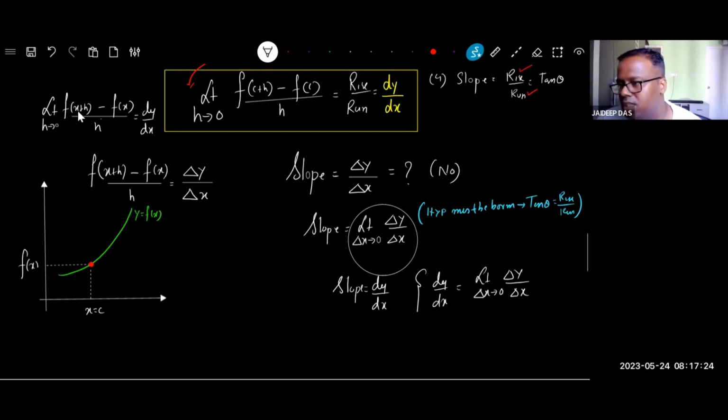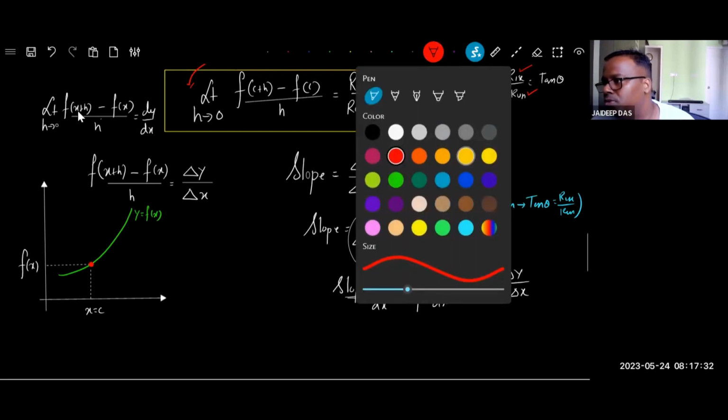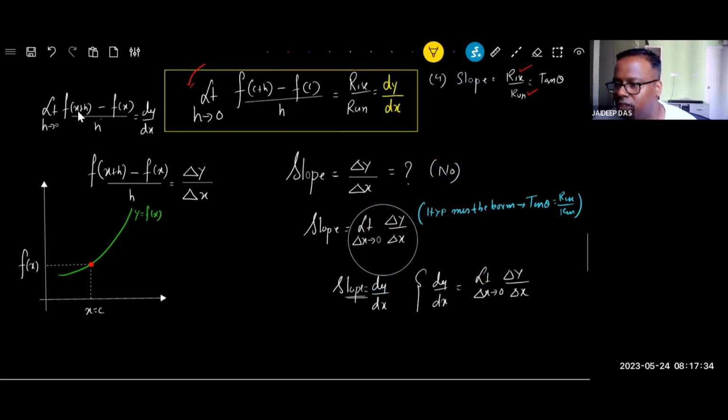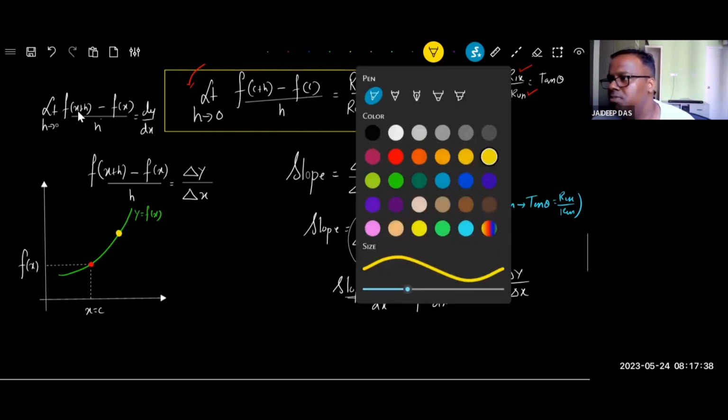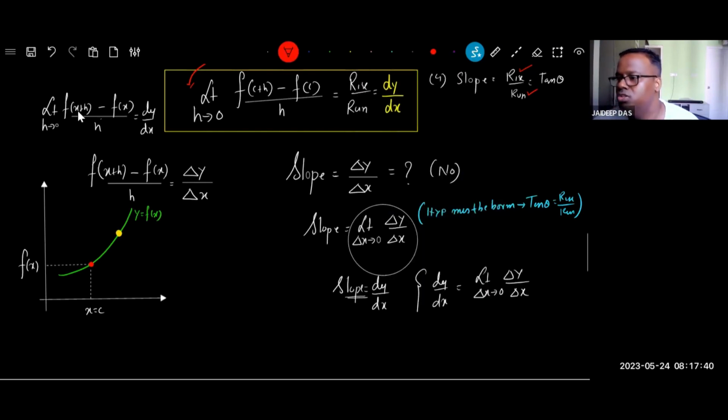Then you ask me, sir, how are you quantifying slope? Because this is not constant, it changes. If my point had been a different point, a point here, my slope value would not have been the same. So, sir, how can you say slope? So we say that exactly this is not slope.